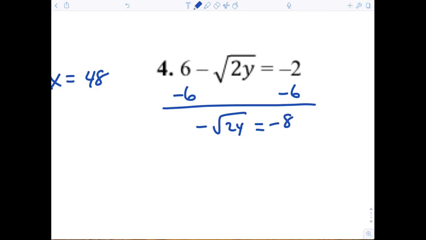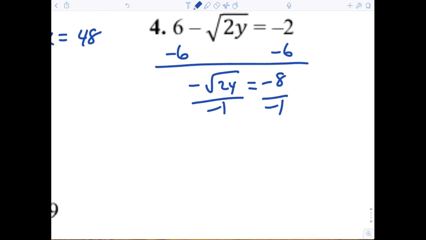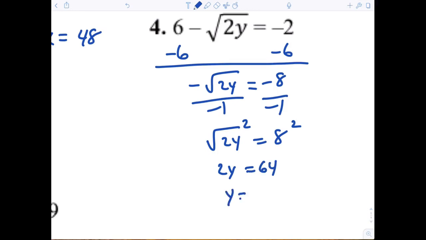Thank you. Now, what can I do to the two negatives? Yeah, they cancel. That's right, because technically you're dividing by -1. So we want to isolate. So it's square root 2y equals 8, right? And now, squaring both sides, 2y equals 64. So y is equal to what? Y equals 32. Everybody okay with that?